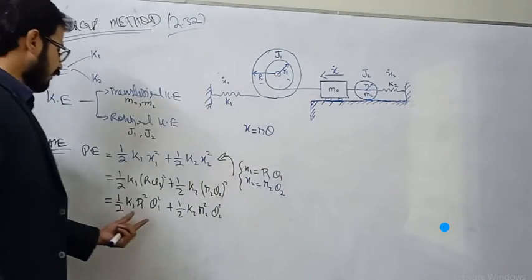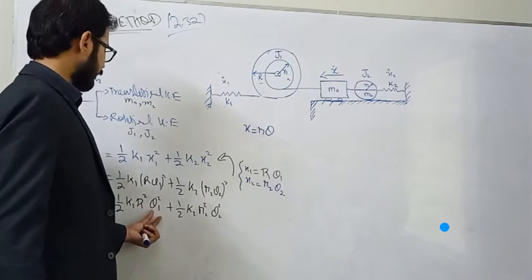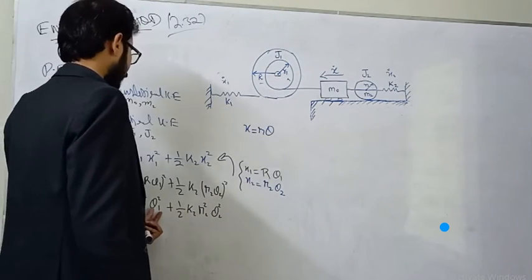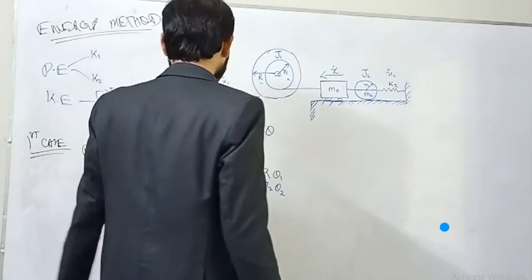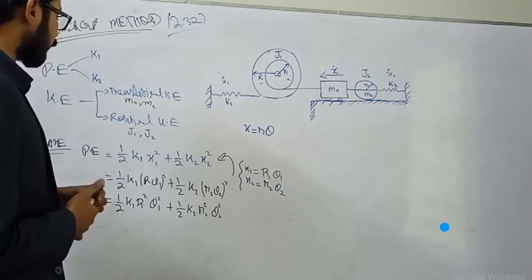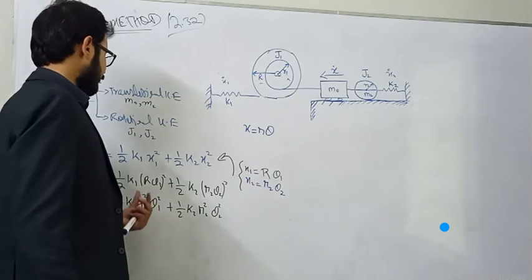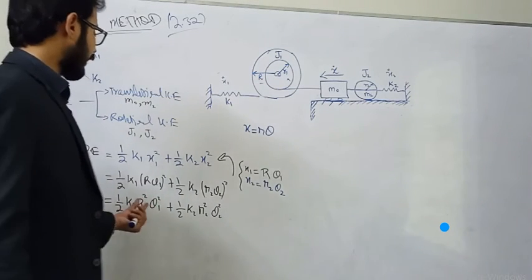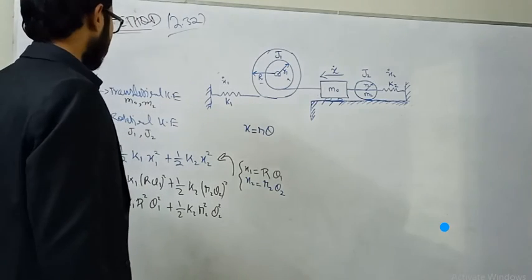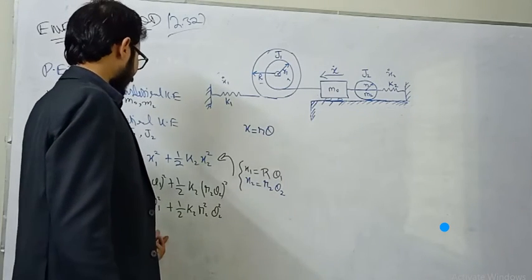So let's solve it. For that, we know that this is theta 1 and this is theta 2, and we want to convert the angular motion into the displacement motion. Why are we converting angular motion into the displacement element? Because the displacement and velocity will be of the same variable, and both variables will become x square.